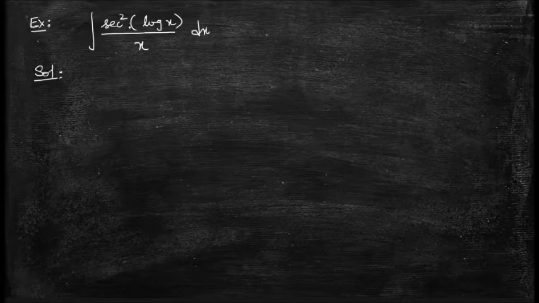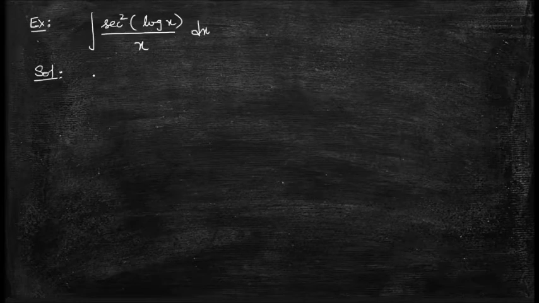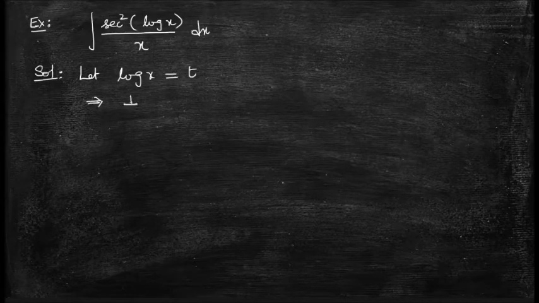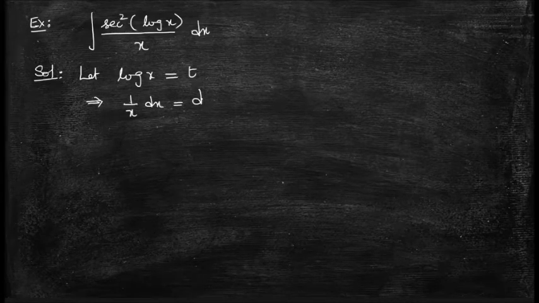Here in this problem, instead of x, log x is there, so let us suppose log x as t. Differentiation of log x is 1 by x, so dx by x is equal to dt. So dx by x is already existing in our problem.